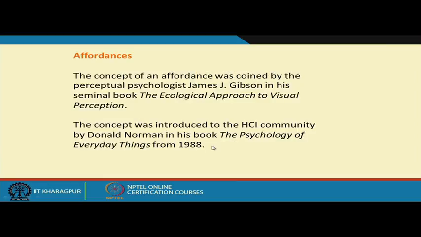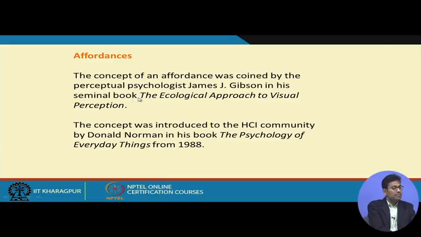Later we find the mention of affordance by Donald Norman, who is the author of a very famous book which all of you should read if you are interested in visual communication, semantics, or product design from a semiotic perspective. It's called The Design of Everyday Things, the Psychology of Everyday Things.